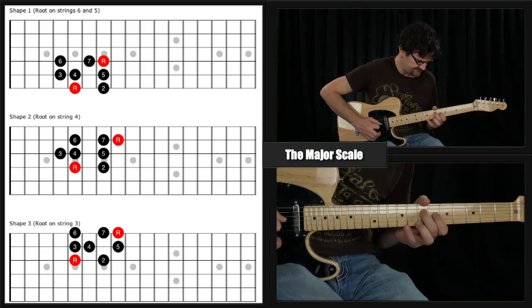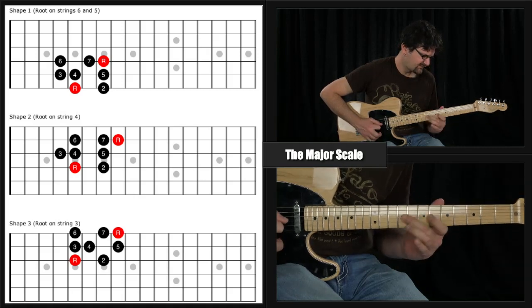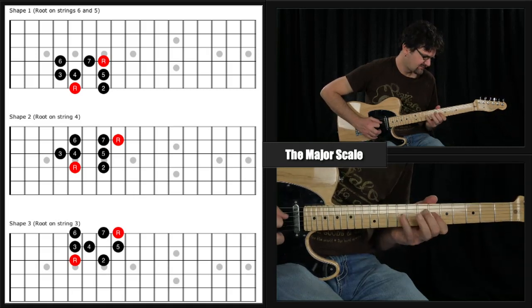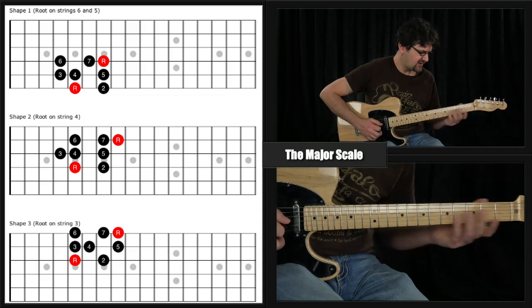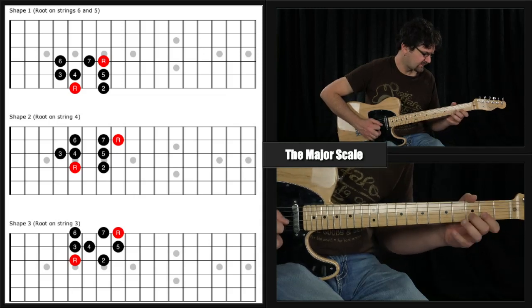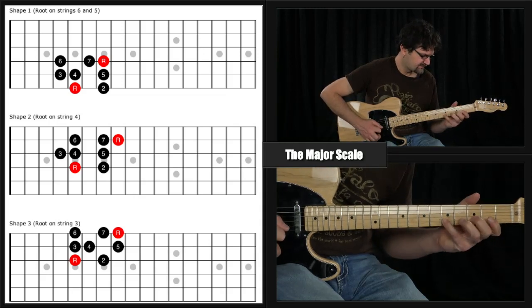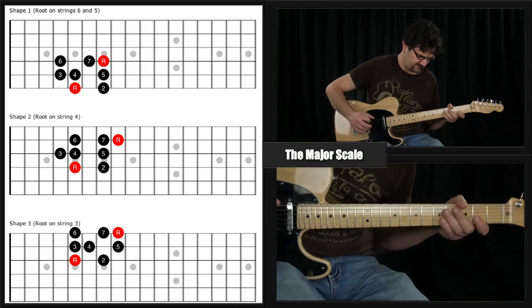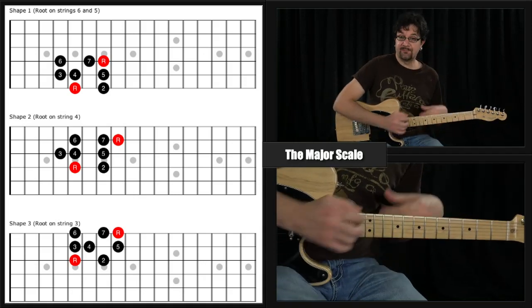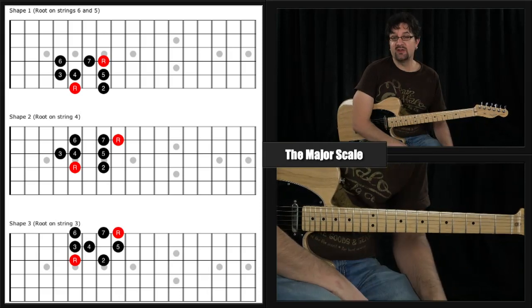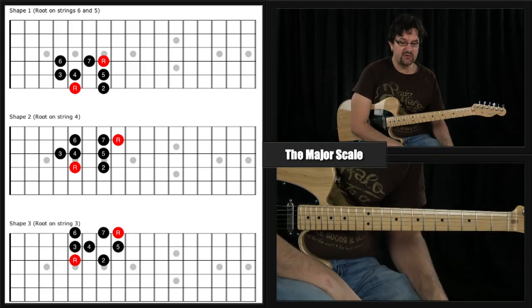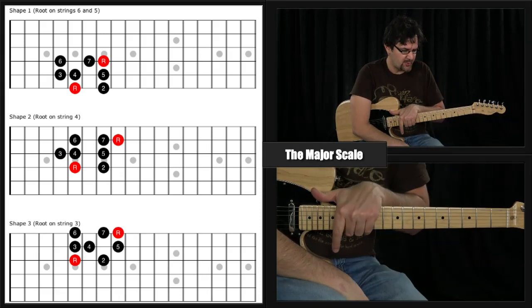Shape 2. And shape 3. So we just played with the 7-note alphabet of an A major scale and covered different areas of the fretboard.